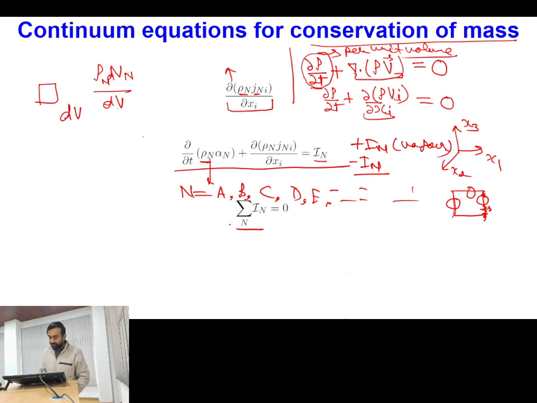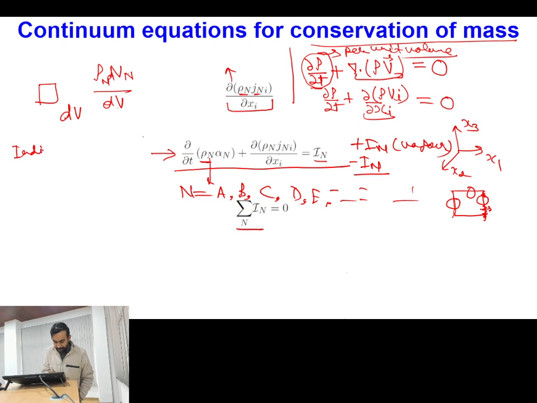So basically, if you see the equation, del by del t of rho n alpha n plus del by del xi of rho n j n i equals I n, this represents nothing but the individual phase continuity equation.